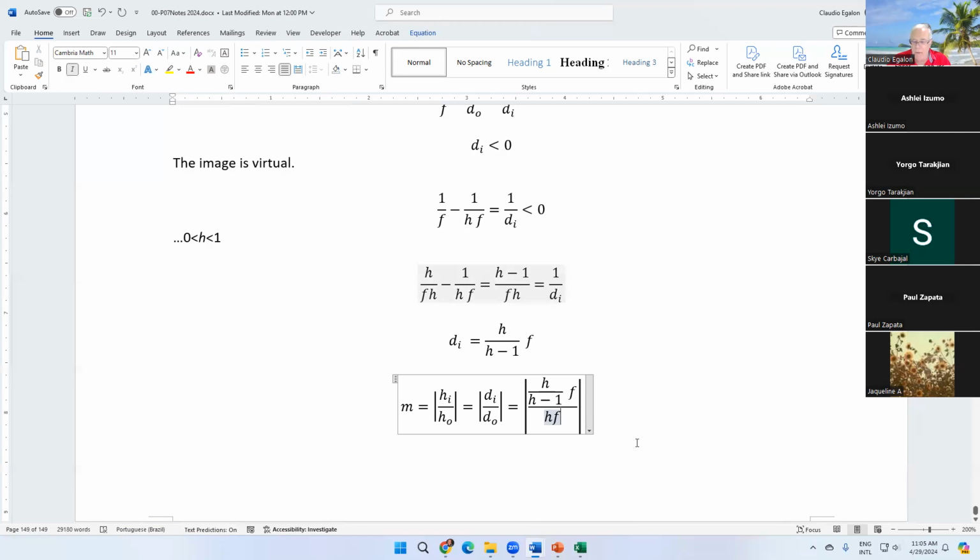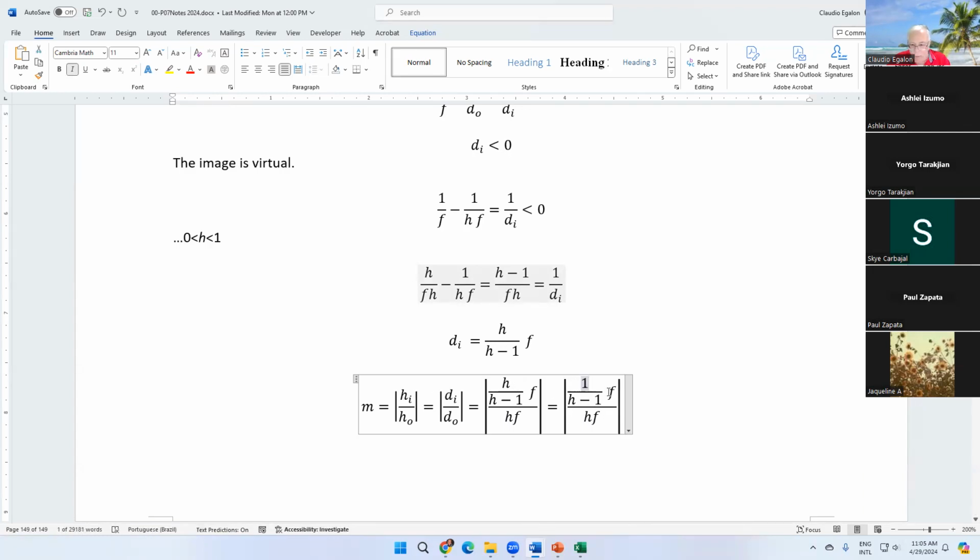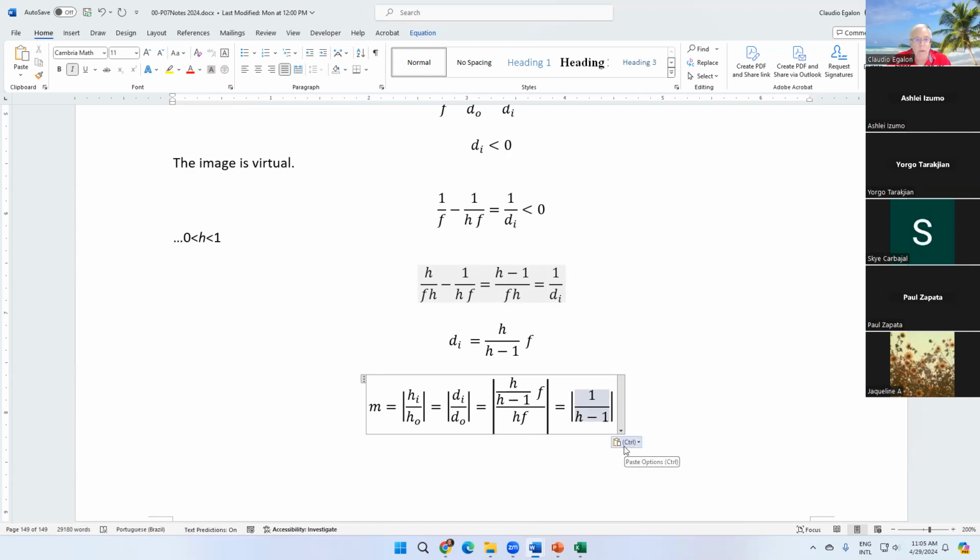HF upstairs cancels out with HF downstairs. And we finally have this one here, which is always greater than 1.